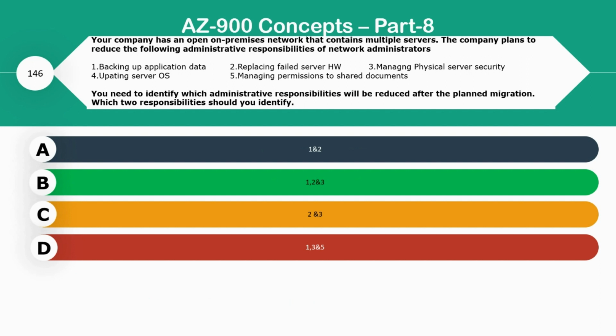So we have 1 to 5 and we need to identify which two are correct. Out of these, option C, that is number 2 and 3, replacing failed hardware or managing physical server security, are those two things that the network administrator need not worry about.